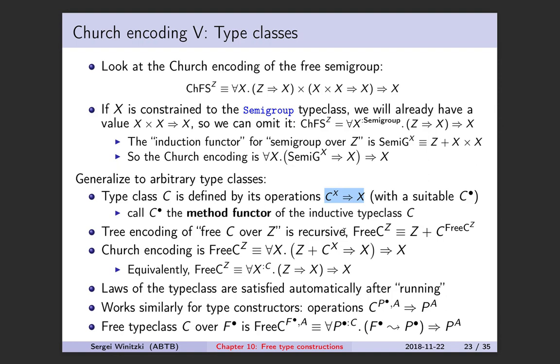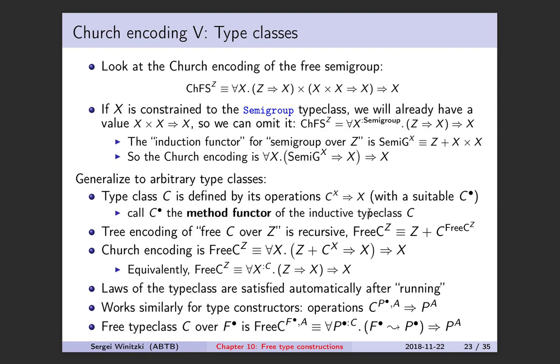These operations maybe have some laws, some algebraic laws, and so for this reason, it is suggestive to call this an algebra, but it's perhaps more confusing than suggestive. So let's just not use that terminology. Instead, let's concentrate on what these things actually do. So this I would call the method functor of the type class C.